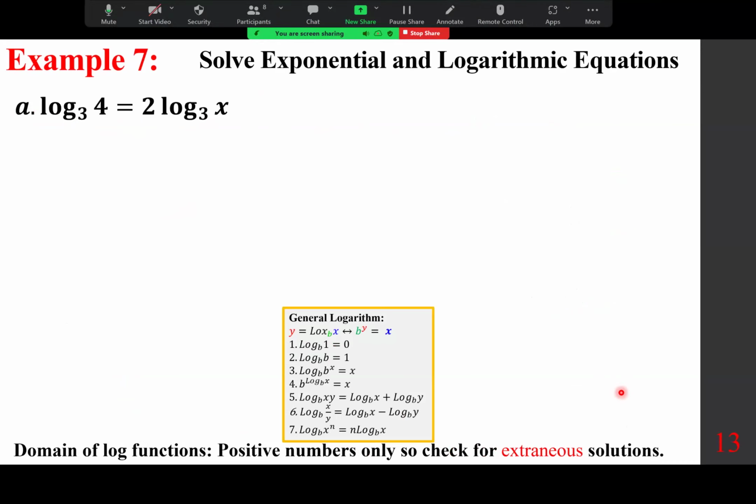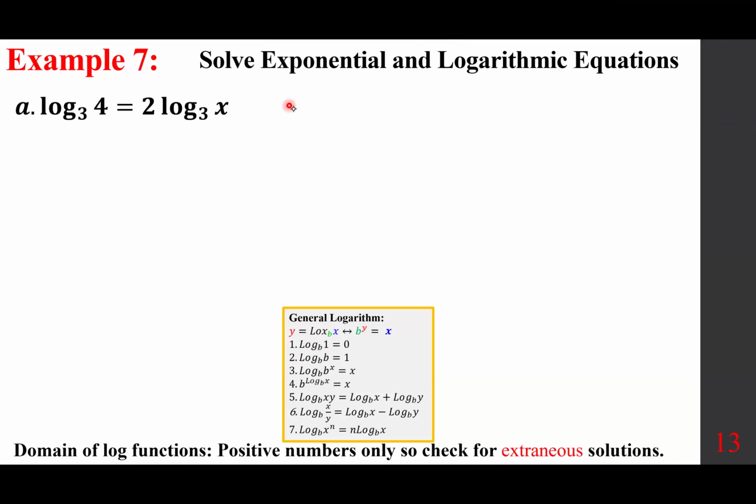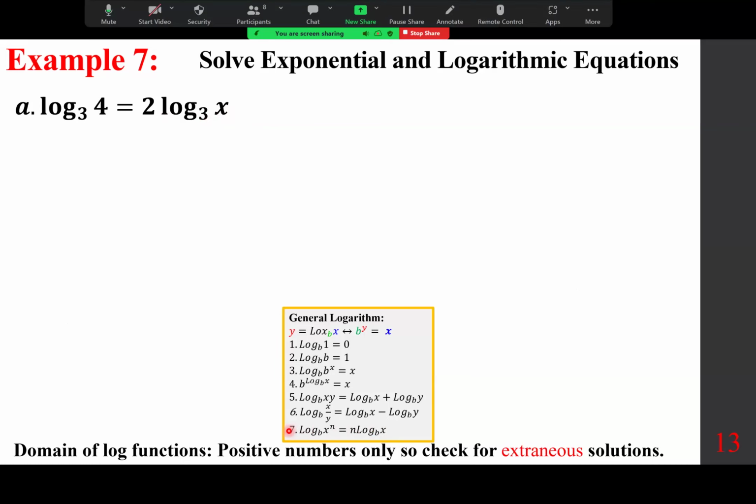This is extremely important. Log base 3 of 4 equals 2 log base 3 of x. Now, one easy way is to make each side a single log. This time, we are going to use number 7 and move from right to left.